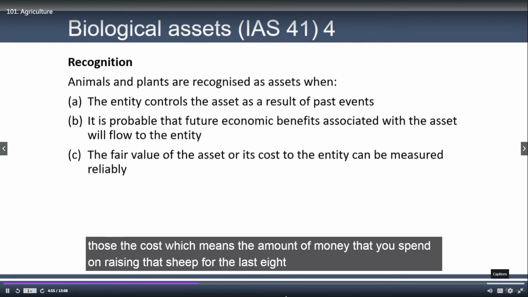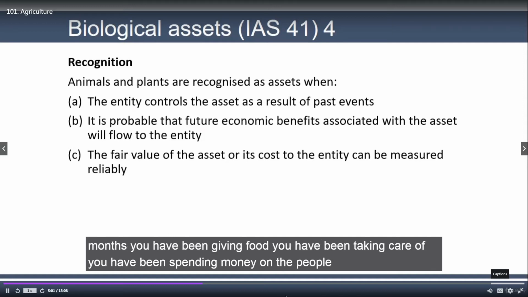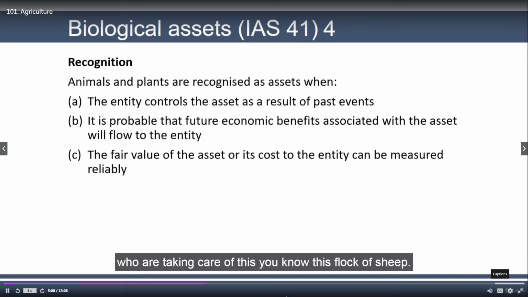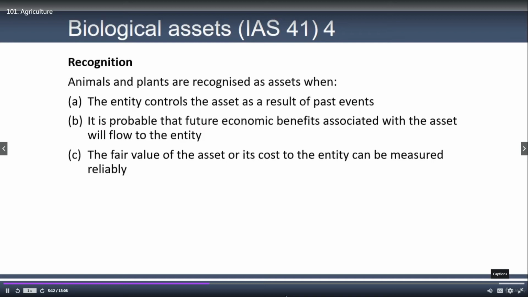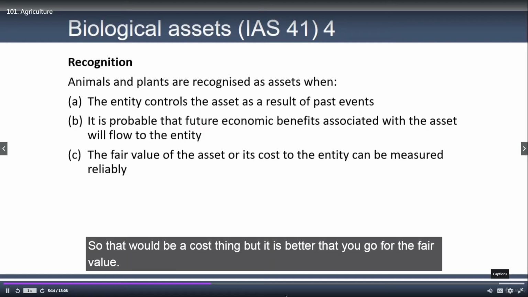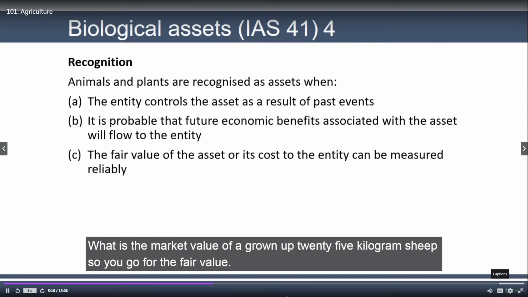One is the cost, which means the amount of money you spent on raising that sheep for the last 8 months. You have been giving food, you have been spending money on the people who are taking care of this flock of sheep. So that could be a cost thing, but it is better that you go for the fair value, that is, the market value of a grown-up 25-kilogram sheep. So you go for the fair value.